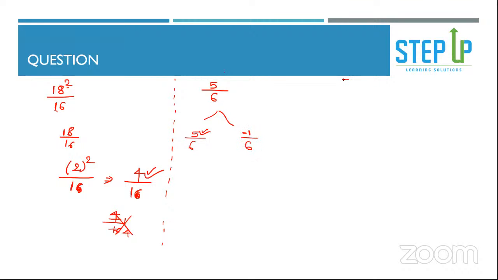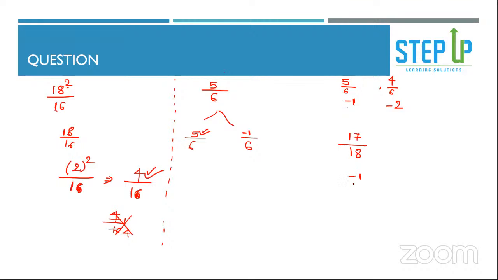When it is 5 by 6, we can write it as minus 1. When it is 4 divided by 6, we can write it as minus 2. Once again, if it is 17 divided by 18, we can write it as minus 1 as the remainder.